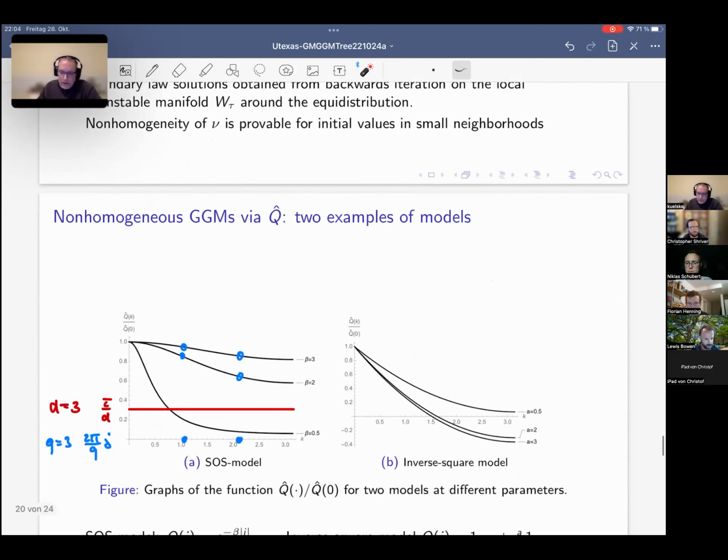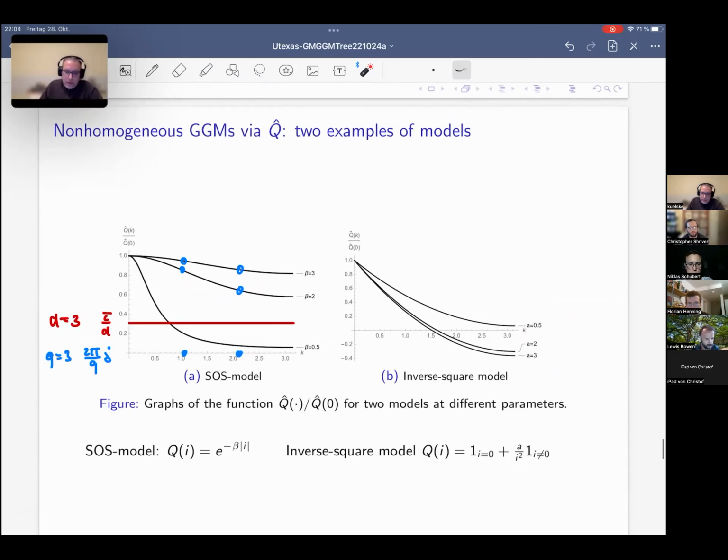Here are some very concrete examples. In the SOS model, I recall to you, this is with this interaction. Let's say we are on the tree where we have 4 nearest neighbors, and we're looking at period q equals 3, height periodic non-homogeneous gradient Gibbs measures. Then you can draw these lines for different betas.